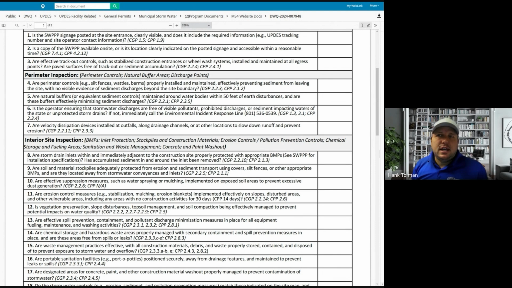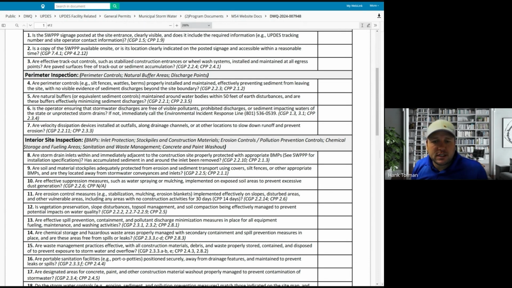So again, anytime that the discharge is going to be off the site, is that discharge going to have any type of visible pollutant, prohibited discharge, or sediment within it? And there has to be protections in place to stop that. Perimeter controls obviously are the best and most effective method, but there could be other things that are needed if there are areas where water could be leaving the site with pollutants. Okay, so they're going to be looking at that.